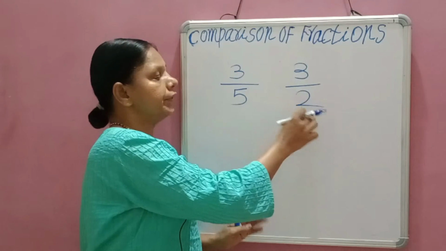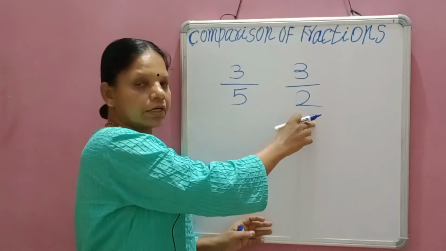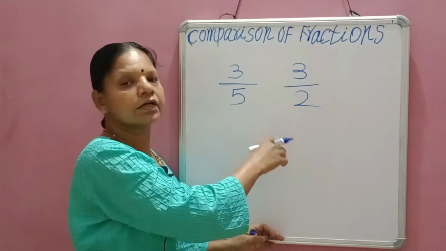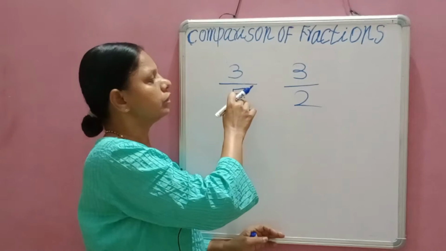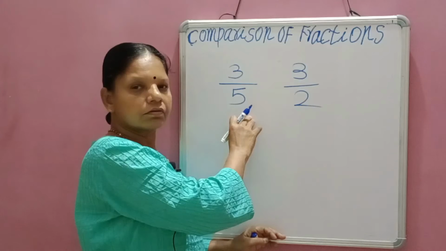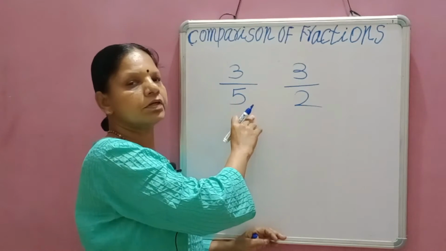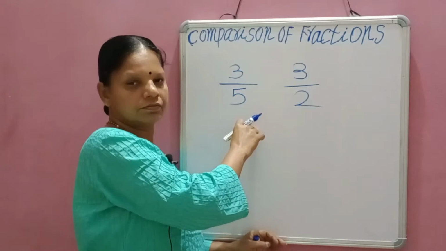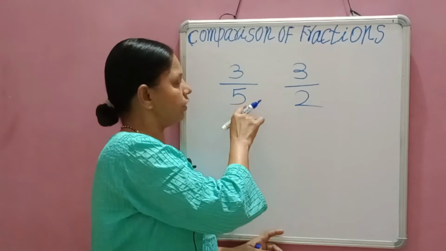So while comparing the denominators, we know that when the denominator is increasing, the value of the fraction is decreasing. Reverse. So the fraction having the highest denominator, that fraction will be smaller. Clear? When the denominator increases, the value of the fraction decreases.